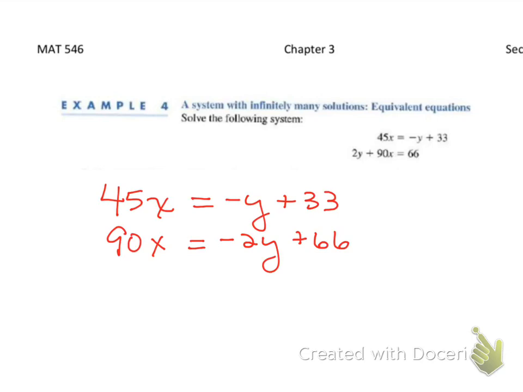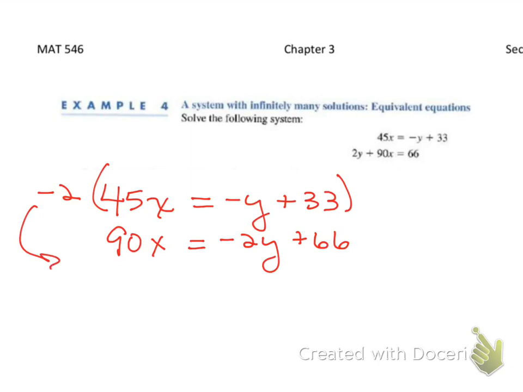So now what should I do? What if I multiply just the top one by a negative 2? What will that do for me? Let's see. If I take negative 2 times that, what do I end up getting?